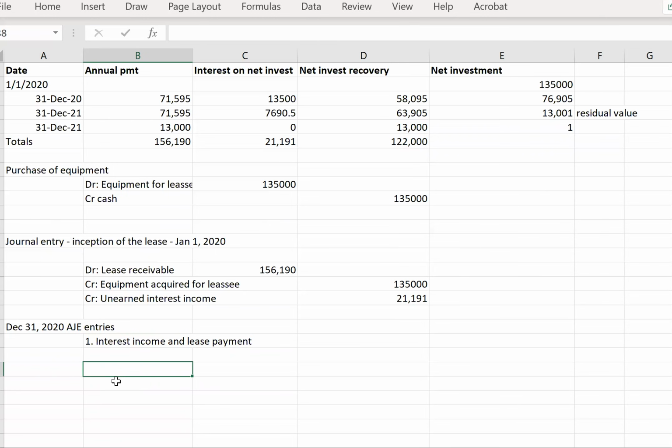And because remember the lease payments are due at the end of the year, that's why we're going to receive it at December 31st. So we're going to have debit cash, and remember the lease payment isn't actually $71,595, it is $76,595 because there is a payment that's required to be made.